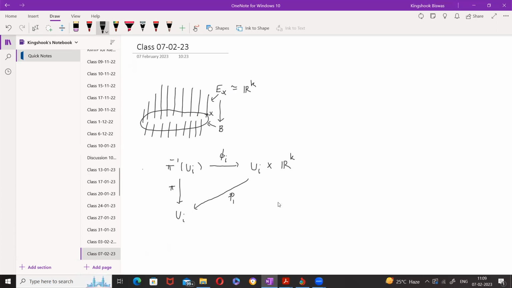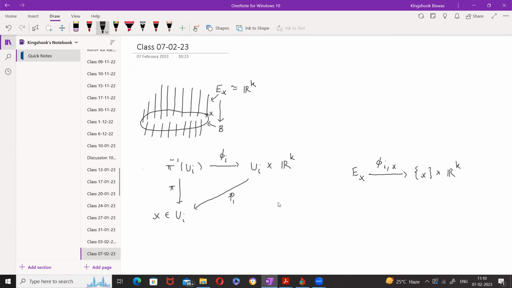Okay. So what that means is that the fiber over a point x in U_i here goes to the fiber over a point here. Okay, so that gives us this map phi_i,x, which goes from the fiber over x, so that is E_x, to the fiber over x here, which is singleton x cross R^k.